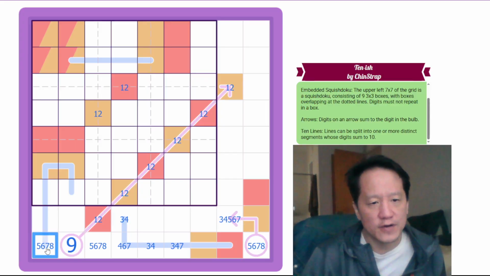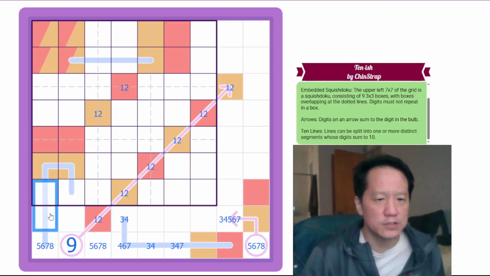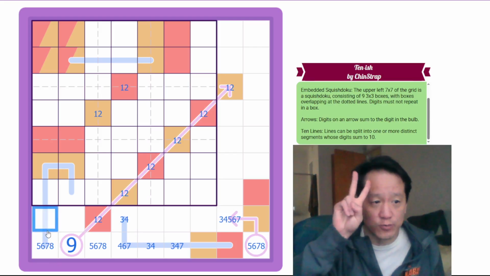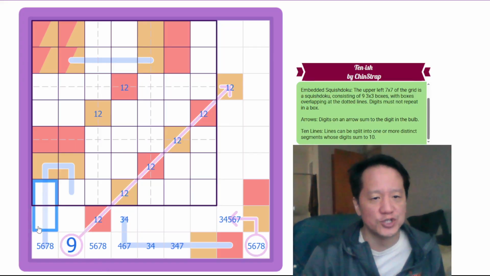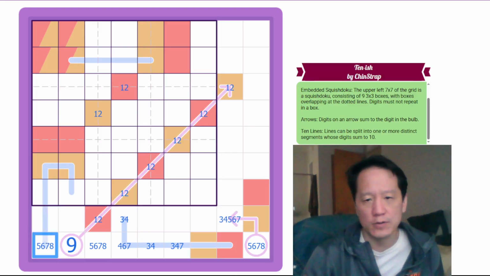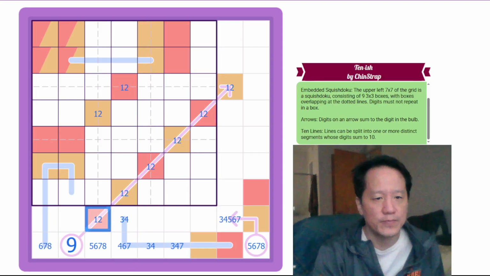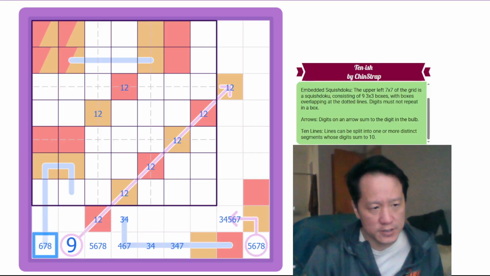If we had a 5 here, it would have to add up with 2 digits to add up to 10, because 5 and 5 only add up to 10 for 2 digits by themselves. So, sorry, it'd have to have another 2 digits adding up with 5 to add up to 10. And it cannot be 5, 2, 3 or 5, 1, 4 because neither 1 nor 2 can be here. So this cannot be 5 here. This is 6, 7, or 8.